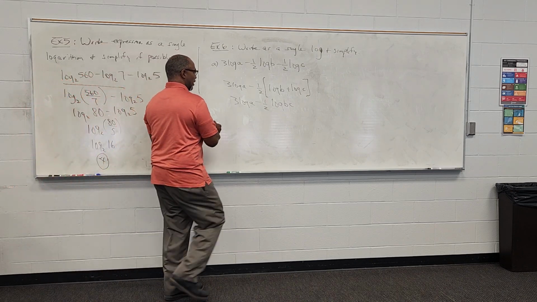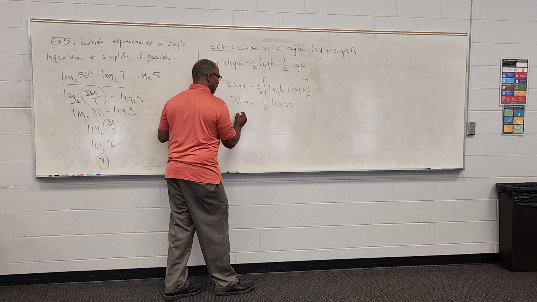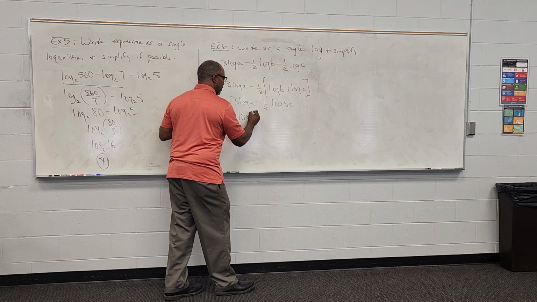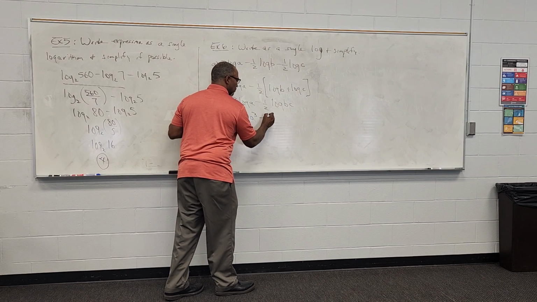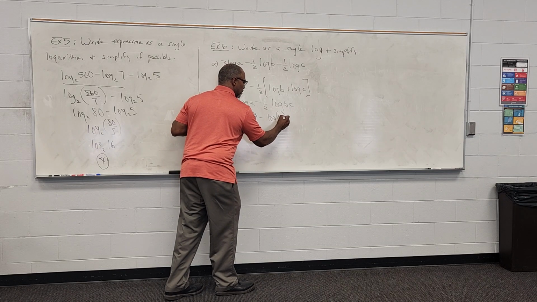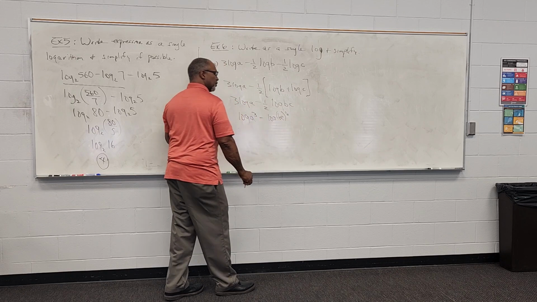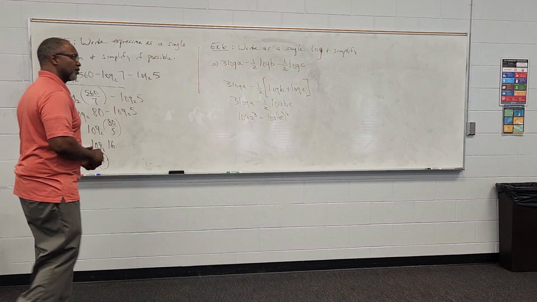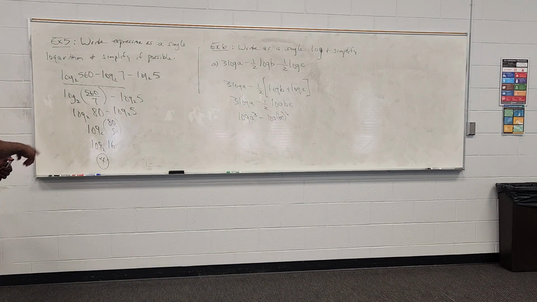Well, now I gotta apply the power rule, because I've got 3 log of A. That becomes log of A cubed minus, I got 1/2 log of this, that becomes BC to the 1/2. Okay? All I'm doing is using my log property twice.